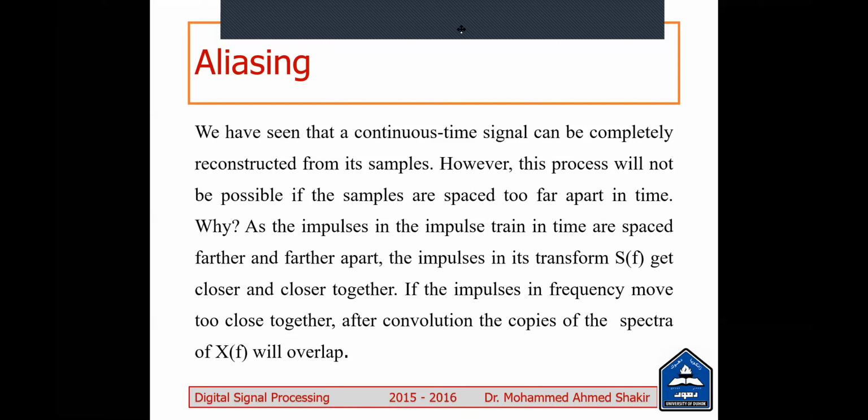We have a confusion at that time. To overcome this problem, we have to put at the input of the DSP system a low pass filter for band limiting the input signal and to avoid this confusion, or aliasing, in the output signal. Of course, aliasing will be the topic for the next week, inshallah.